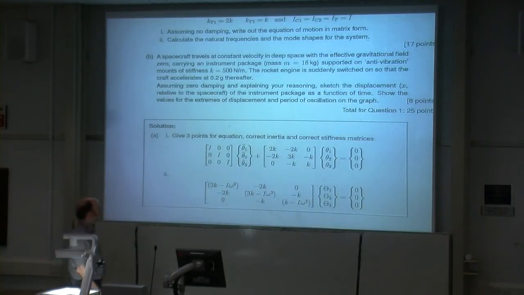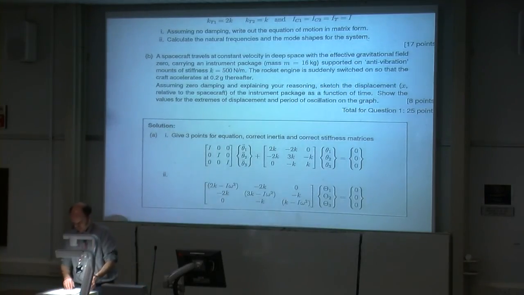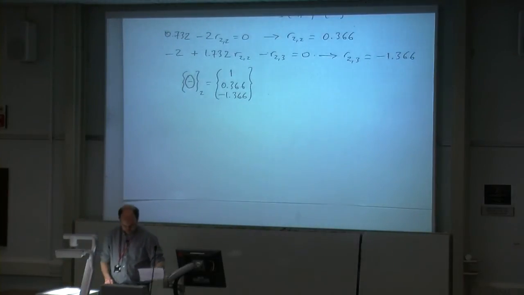The rocket engine is suddenly switched on so that the craft accelerates at 0.2 g thereafter. Assuming zero damping, explain your reasoning, sketch the displacement x relative to the spacecraft of the instrument package as a function of time. Show the values for the extremes of displacement and period of oscillation on the graph. So it's not dissimilar from a question you've seen before.